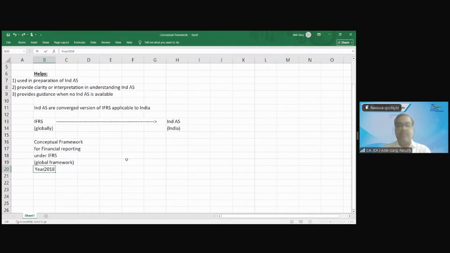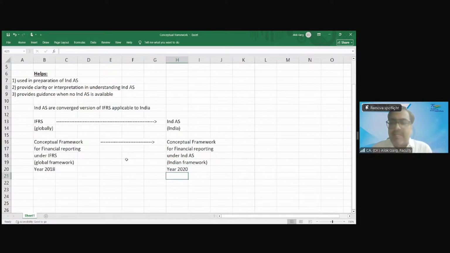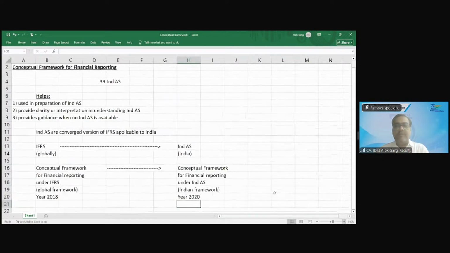So what did we do? We also drafted a conceptual framework for financial reporting, but not under IFRS, under Ind AS. This is an Indian framework, and we drafted it in 2020. It was applicable from 1st April 2020.